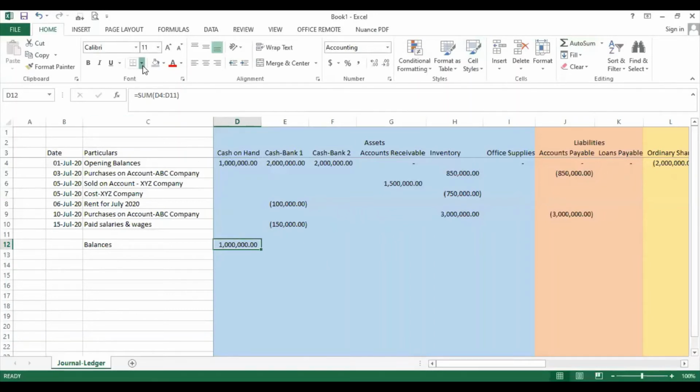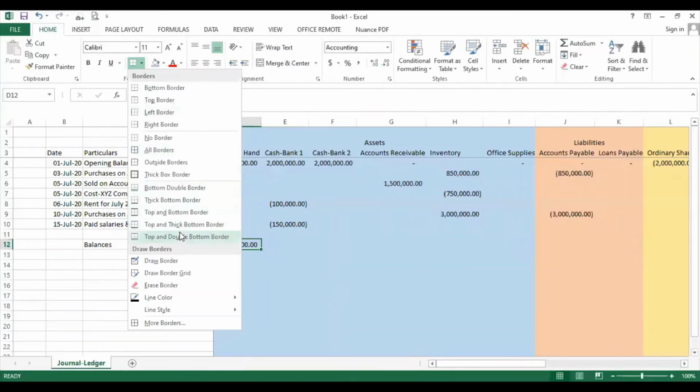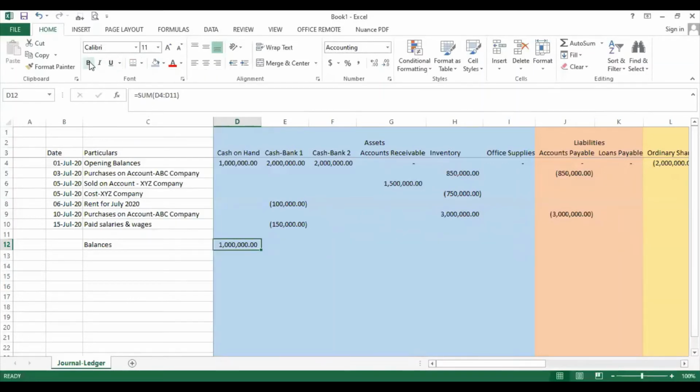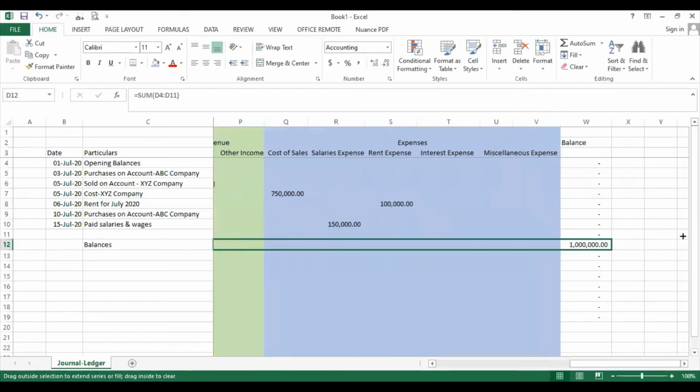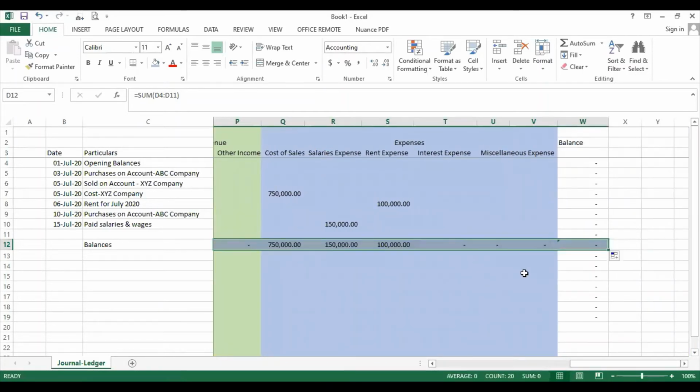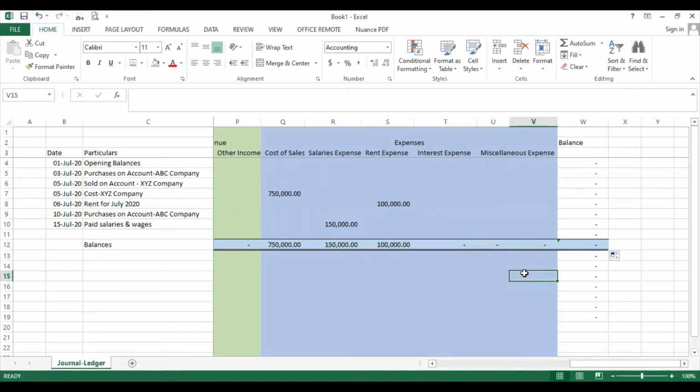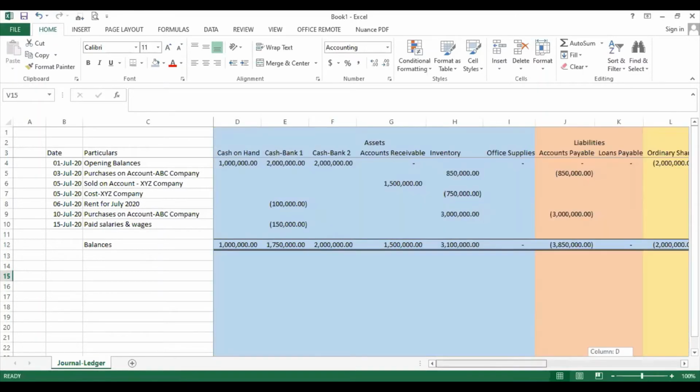Here we choose the border, which is top and double bottom border. Then click. Okay. Now 1 million. So we will just drag this, drag all the totals, and you now have balances for all your accounts.